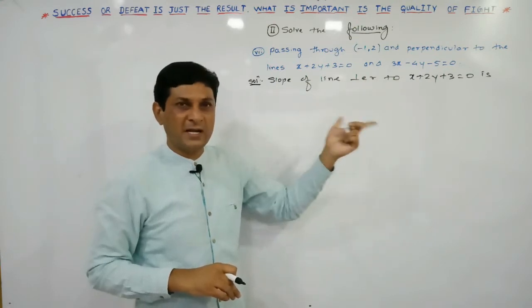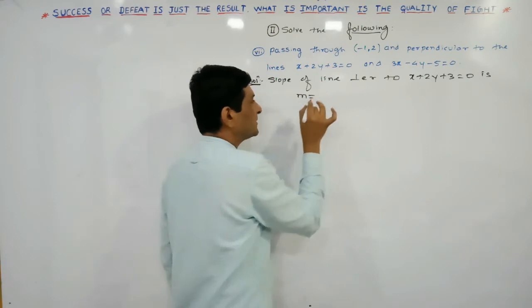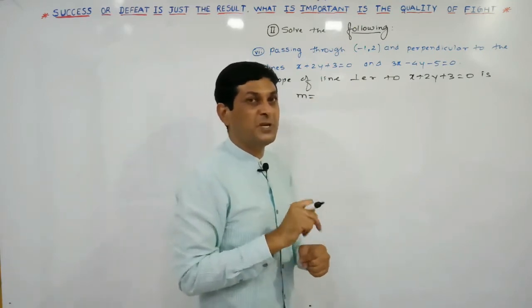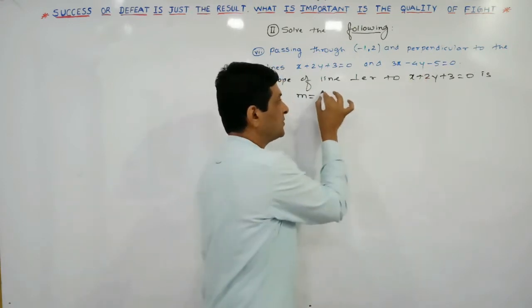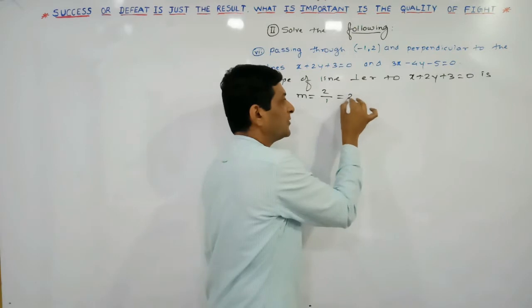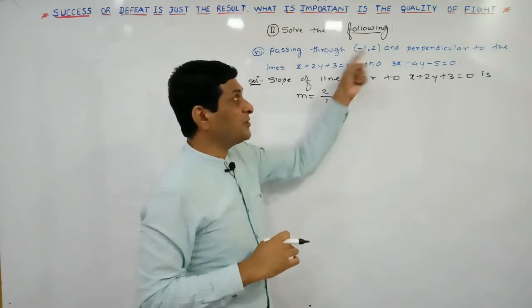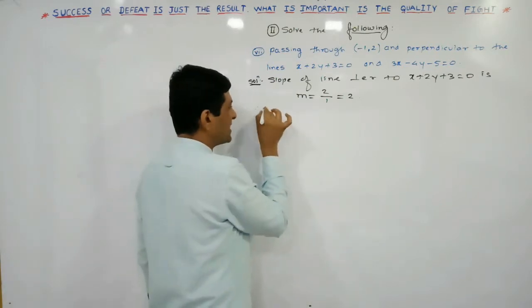So m is equal to, if we are finding the slope of a perpendicular line, which formula are we applying? B by A. What is B here? 2, and A is equal to 1, so here we get 2 by 1 is equal to 2. In this way the slope of the first line is known to us and one point on the line is also given. So let us find the equation of the line applying slope point form.